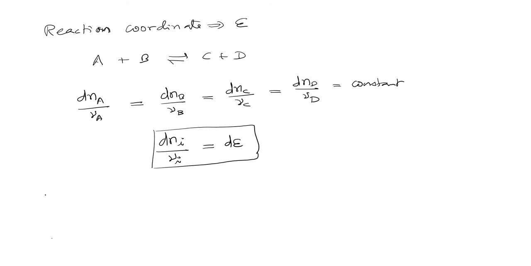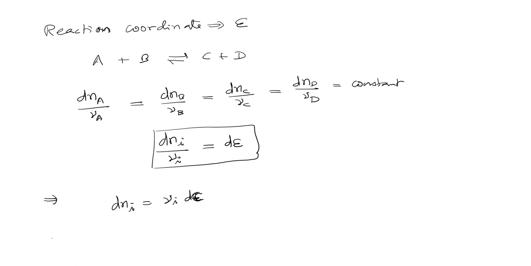Now from this I'll give some important expressions which we need to know. Here dni by nu i equals d epsilon, so we can write dni is equal to nu i into d epsilon, not E, epsilon.